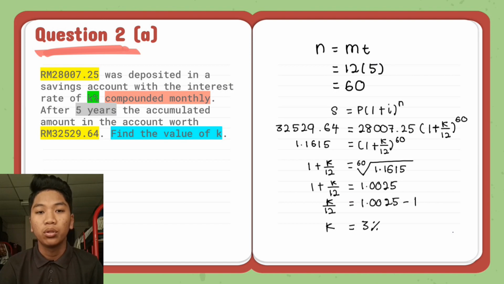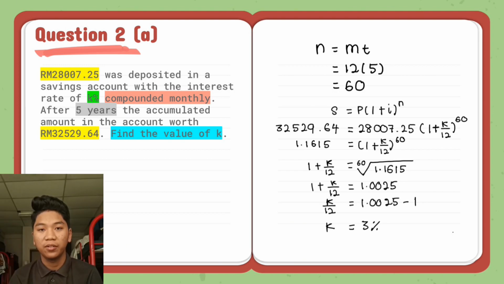From this question, we use S equal to P bracket 1 plus I, the power of N. First, find the value of N by using N equal to M multiplied by T, so 12 multiplied by 5, and N equals 60. Next, insert the values in the formula, which is 32,529.64 equal to 28,007.25 bracket 1 plus K divided by 12 and the power of 60.